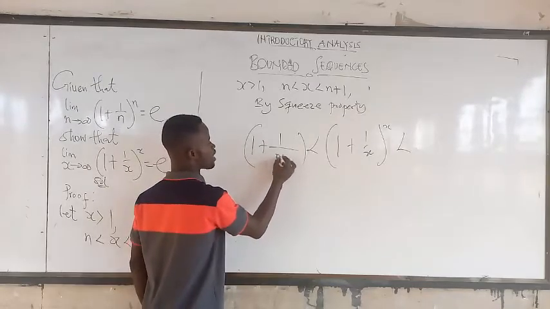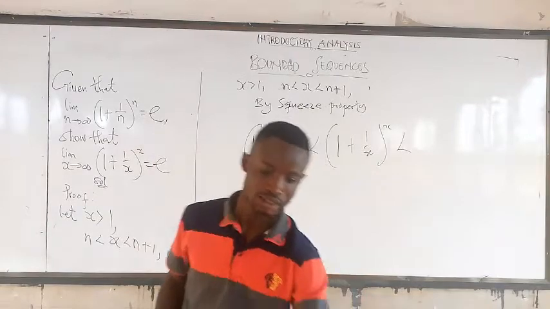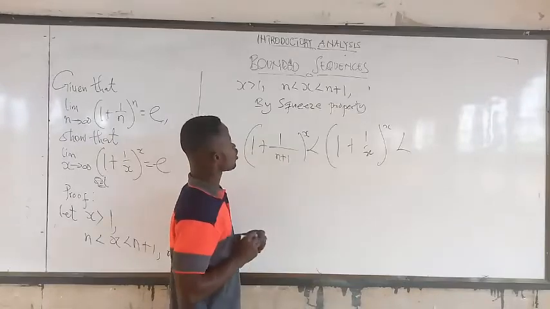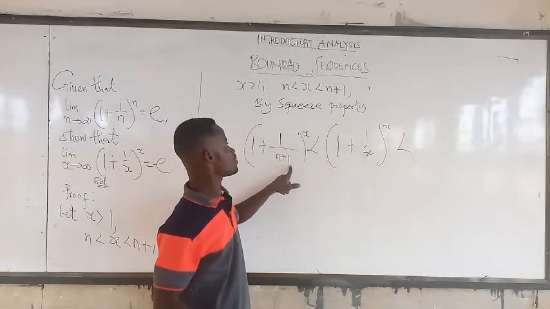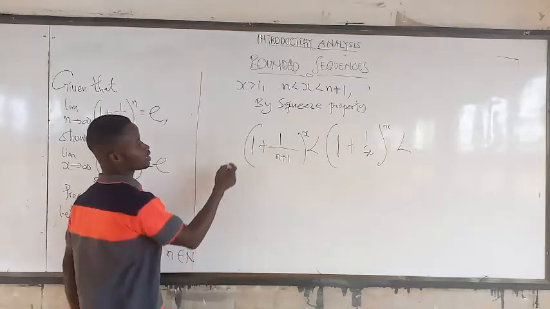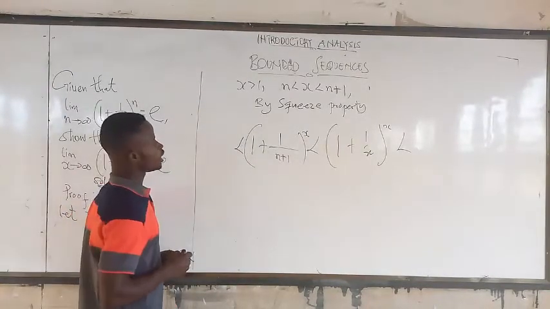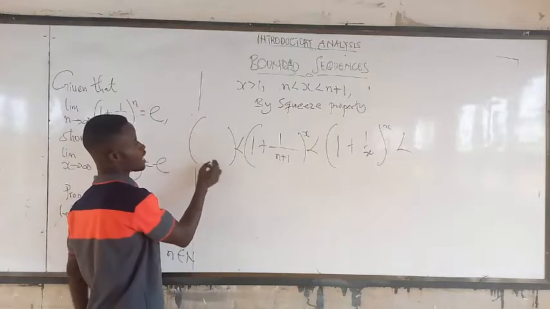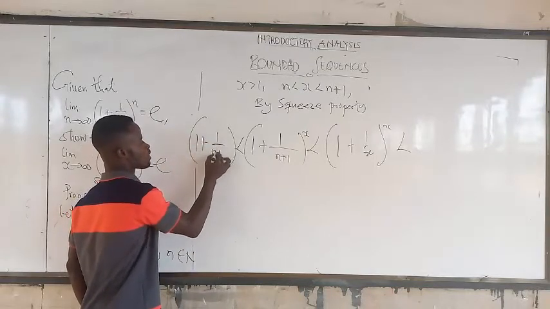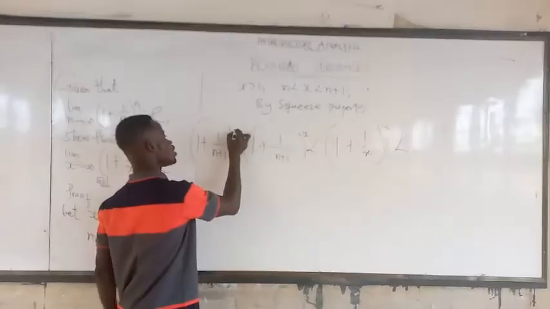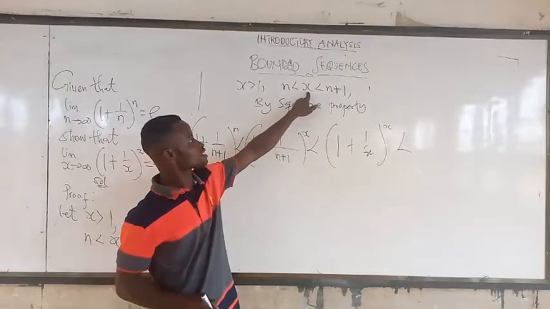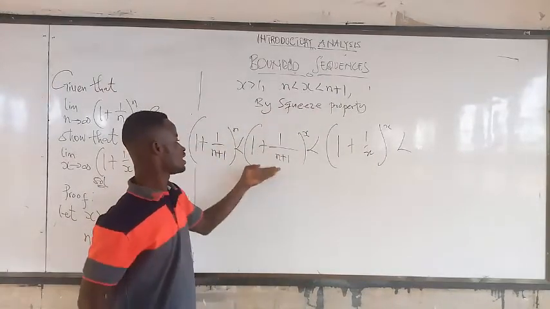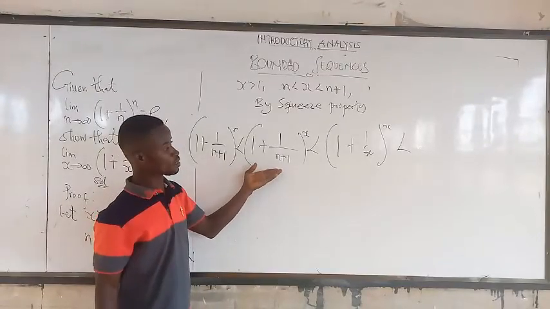So we get n plus 1, then here we get it to be power x. So we change this to n plus 1. Then this one is going to be less than 1 plus 1 over n plus 1, then the x now changes to n, because we are saying that n is less than x, and if n is less than x, then this one is also less than this. So this is established. I hope it's clear. Very good.